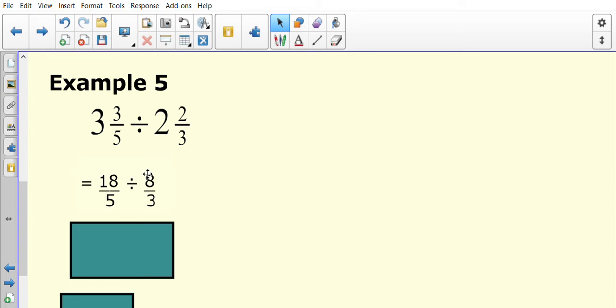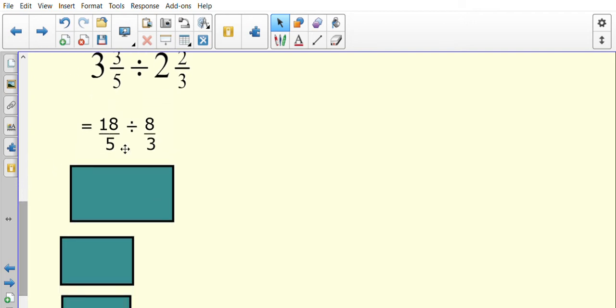And that's divided by 8 over 3. So 2 times 3 is 6, plus the 2 gives you 8. So that's why it's 8 over 3. So from this stage, it's exactly the same as your previous examples. Flipping the second fraction and changing the division to a multiplication.